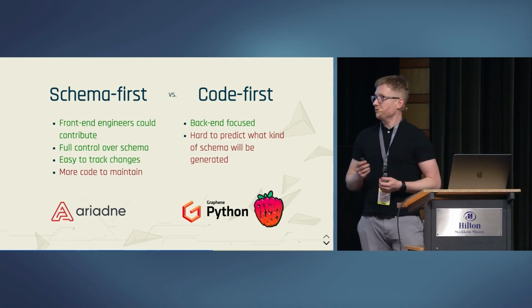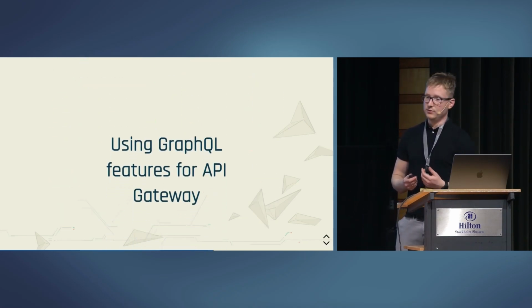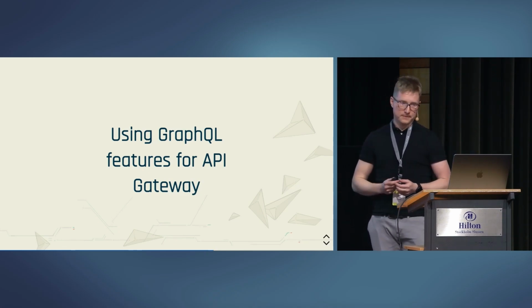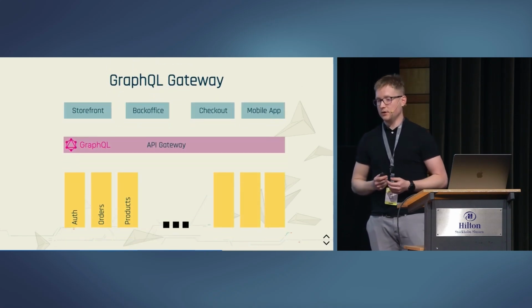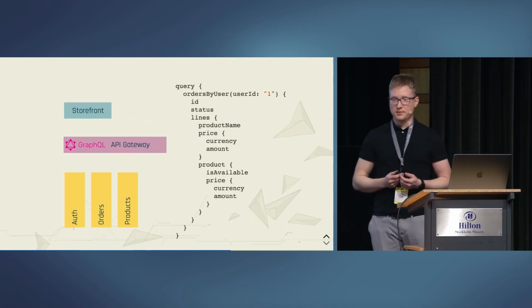All right, so we have selected an approach. So how can GraphQL features be useful when we are dealing with an API gateway? Let's recall the graph of the infrastructure that we are operating and our schema.